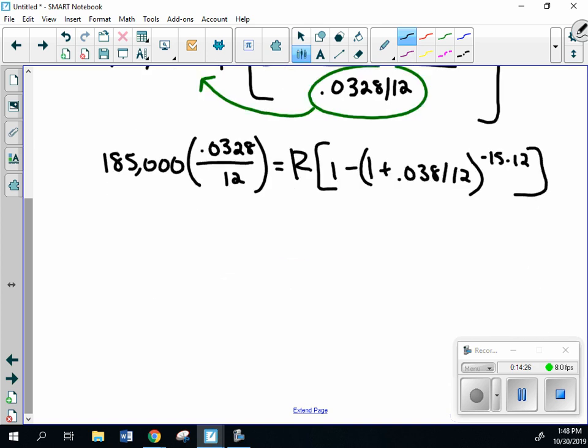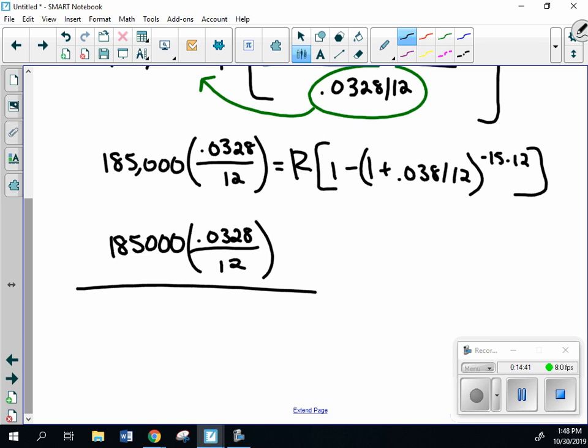So in this situation, we now are trying to get R by itself, so we have that left side, and we're going to divide it by that right side. Now, when you type this in, you might actually want to simplify a little bit of this before you get into the big meat of trying to type all this in at once.